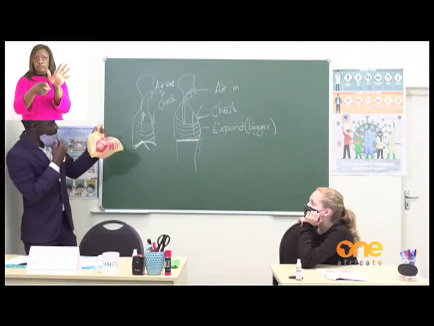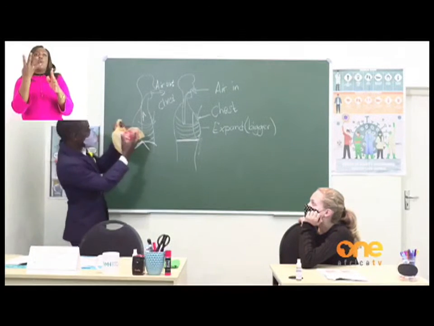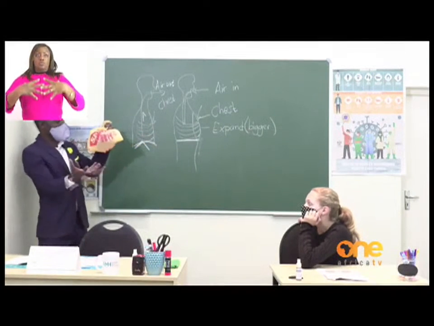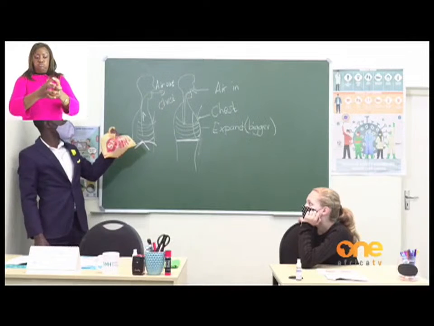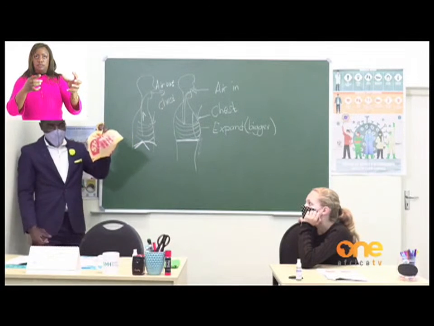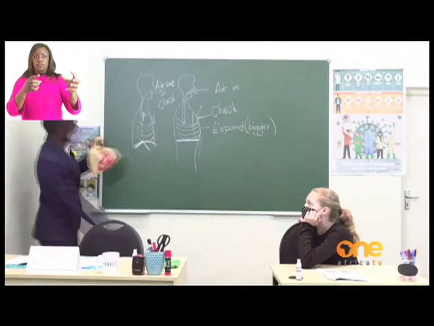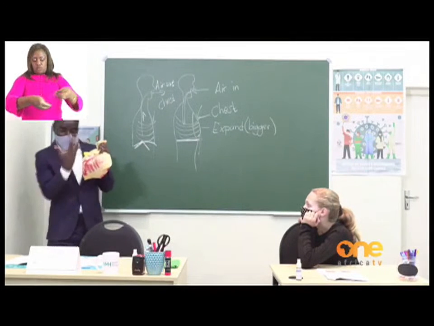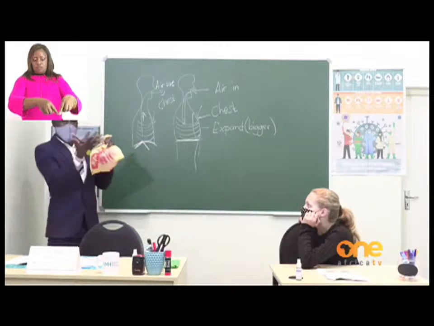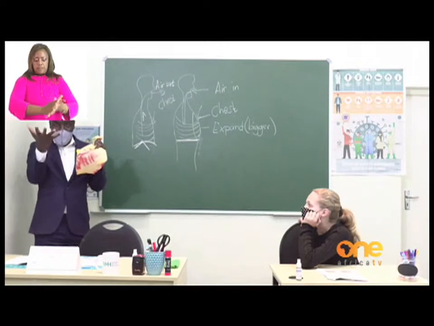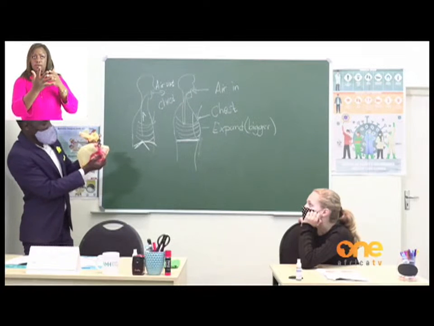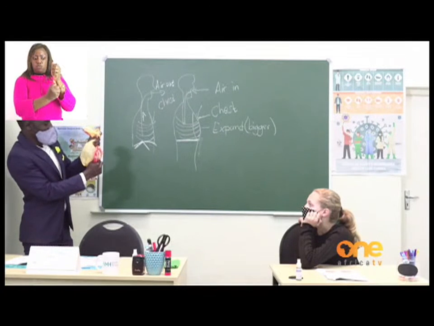Now, the air went in, the chest got bigger because of the air that I breathed in from the environment. That's breathing in. Breathing out, we say that the diaphragm is underneath your lungs and squeezes the air outside the lungs. My hand is going to act as a diaphragm. The diaphragm now forces the air outside the lungs.